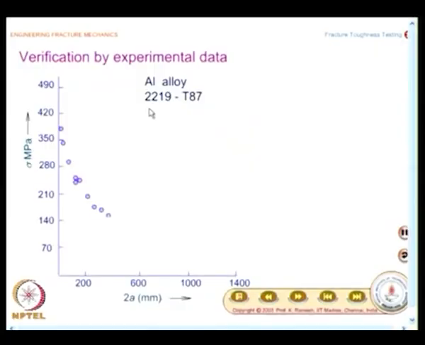And I have a result for aluminum alloy 2219, and I think you draw the x axis, this gives the crack length, and you have the stress levels on the y axis. These points are drawn, and you have a line passing through that.